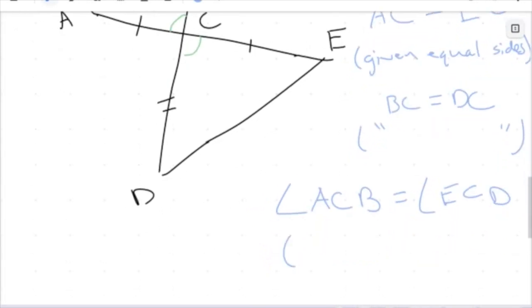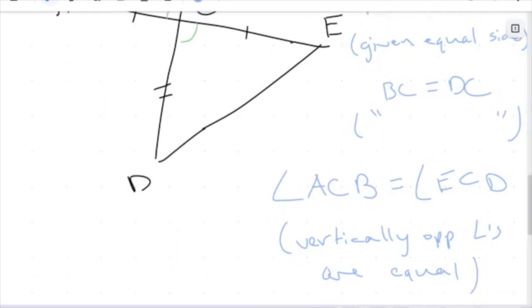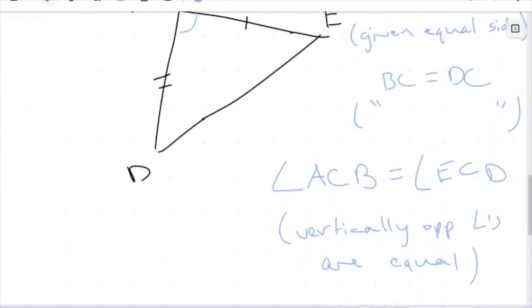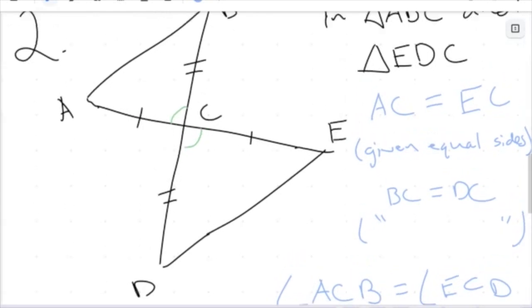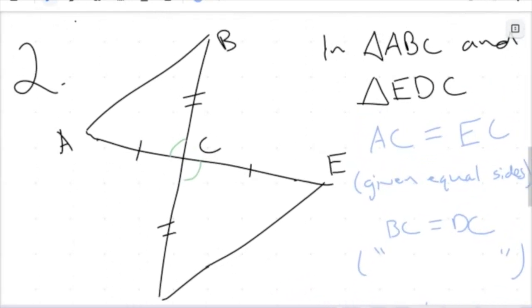And my reason is these are vertically opposite angles, so I can say vertically opposite angles are equal. That's my reasoning here. So now I have 3 points that I have stated.